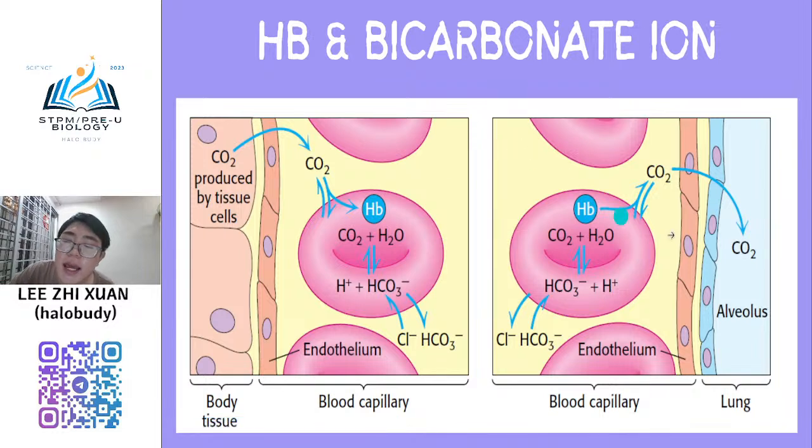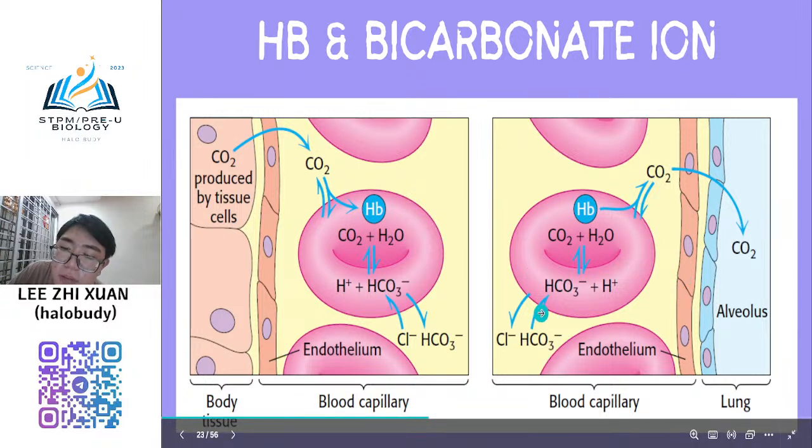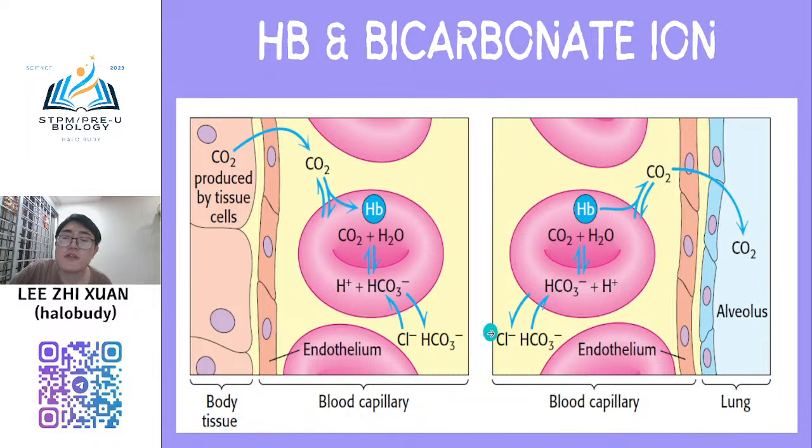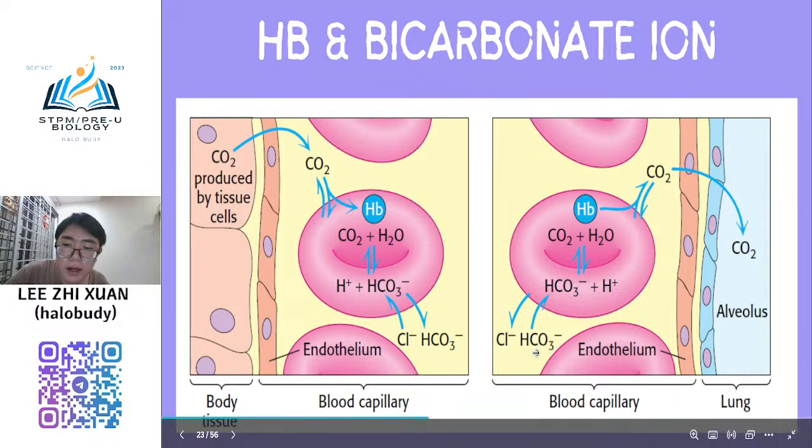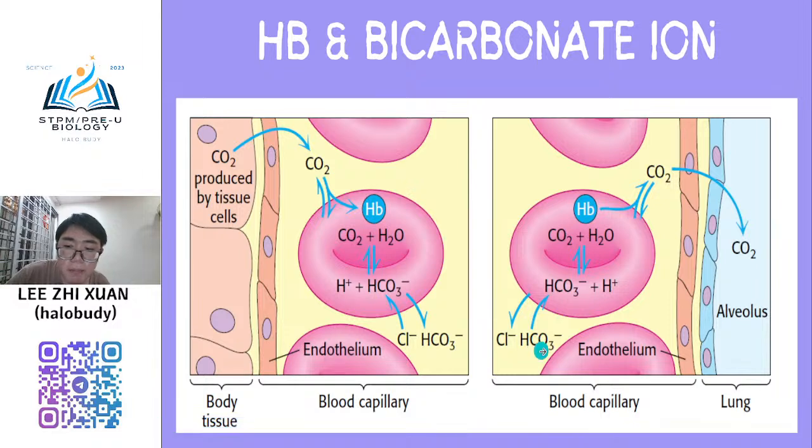Once it reaches the alveolus, the chloride ion will diffuse out from the erythrocyte. The chloride ion was inside the erythrocyte, right? So when it reaches the blood capillary near the alveolus, it will diffuse out, and the bicarbonate ion outside the erythrocyte in the blood plasma will diffuse back into the erythrocyte.